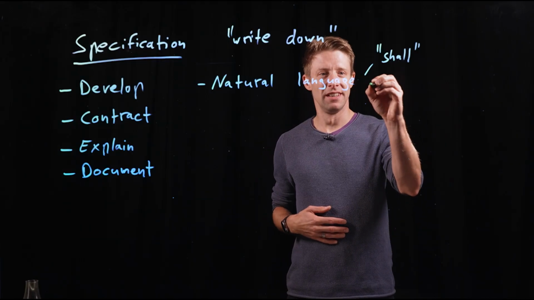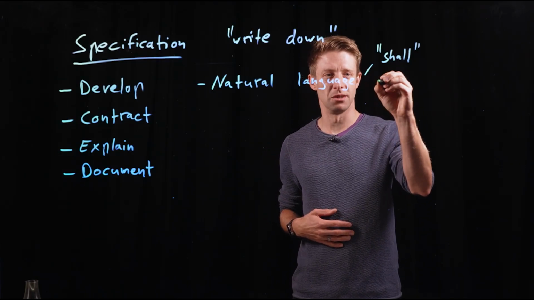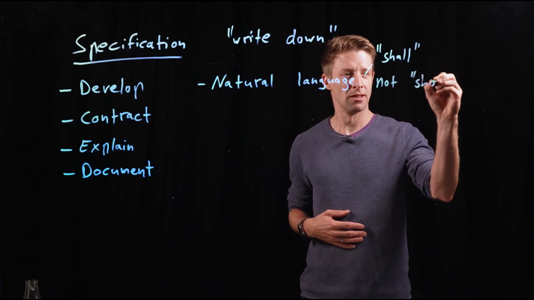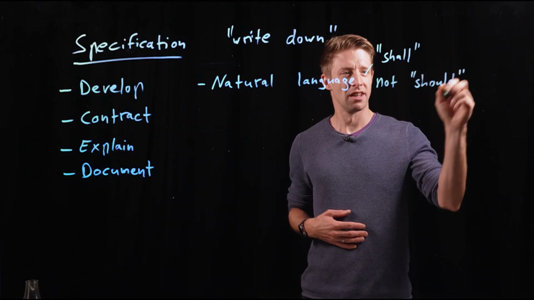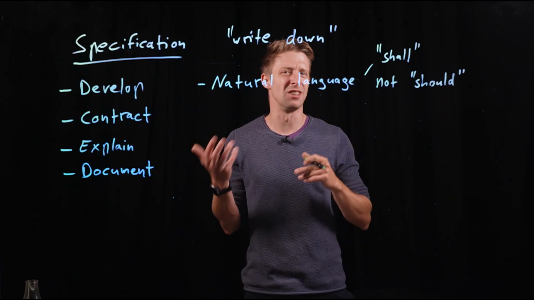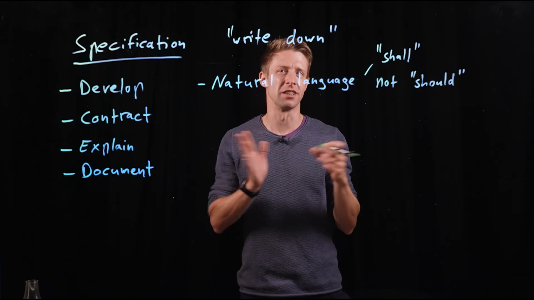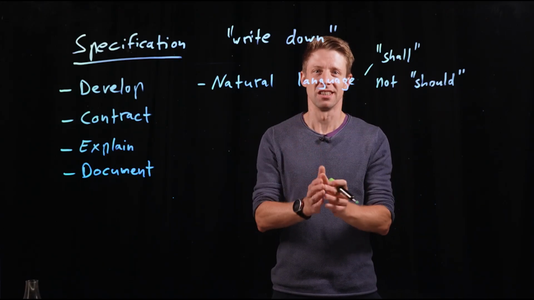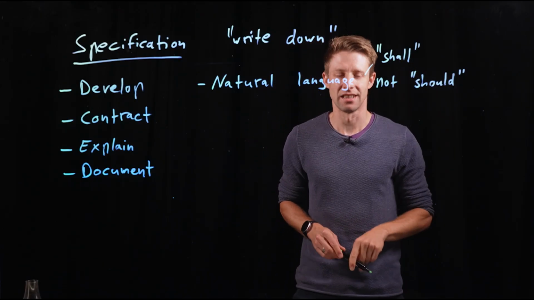For example, a common anti-pattern, what you should not do, is to write should, because this sort of implies to the developers that it is not really important. It should do this, but if it doesn't, it's not a problem. So it's almost a bit like legal language. It says this has to look like that.